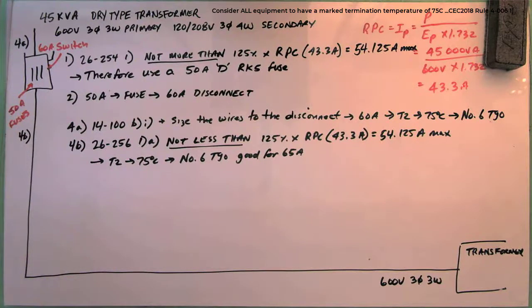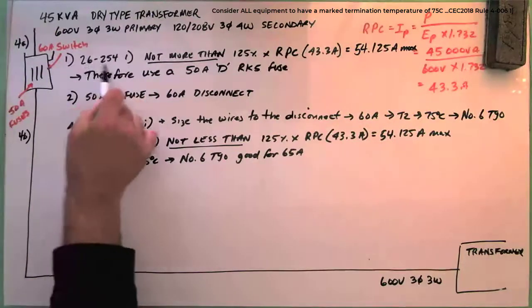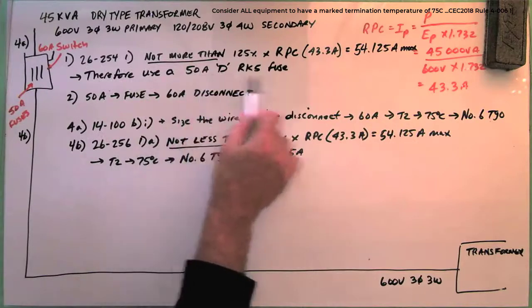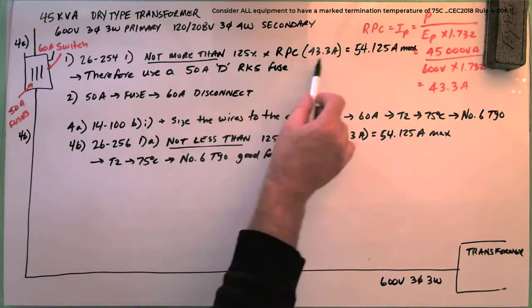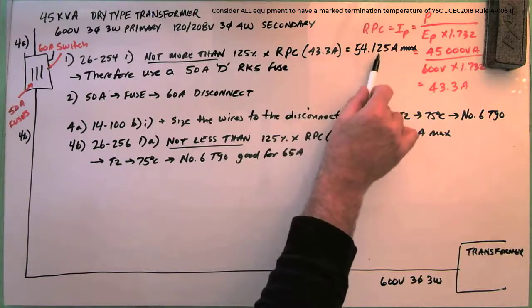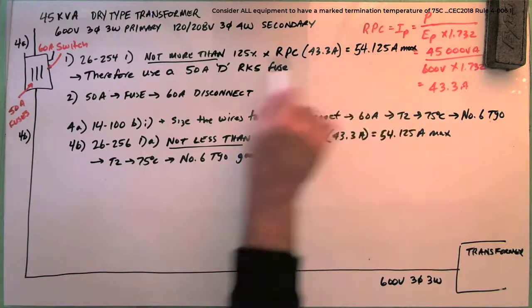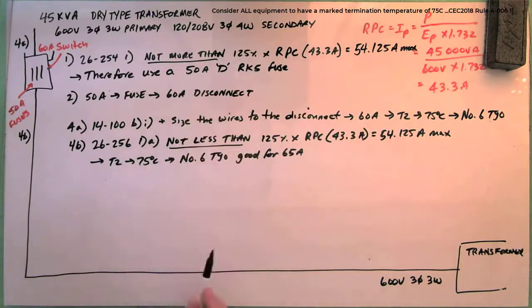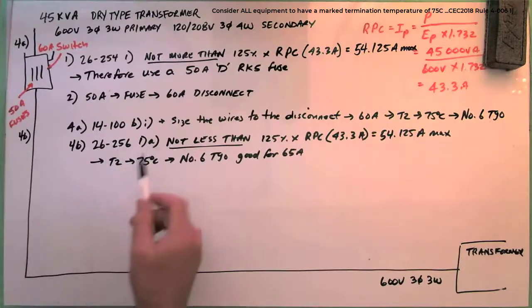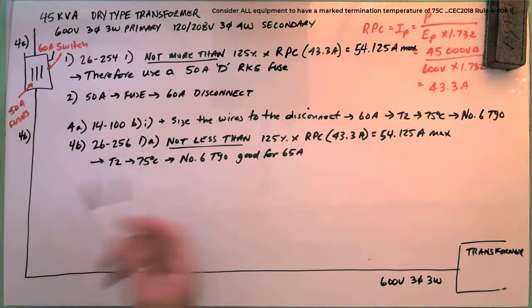But based on 26-256 1A, you're going down to a 50 amp fuse, but your rated current is this. And so when you multiply by 1 1/4, this is what you should be sizing your conductors to, even though you went down on your fuse. So that's why we got this rule, 26-256 1A. And there's other rules that we're going to look at as we continue with transformers.